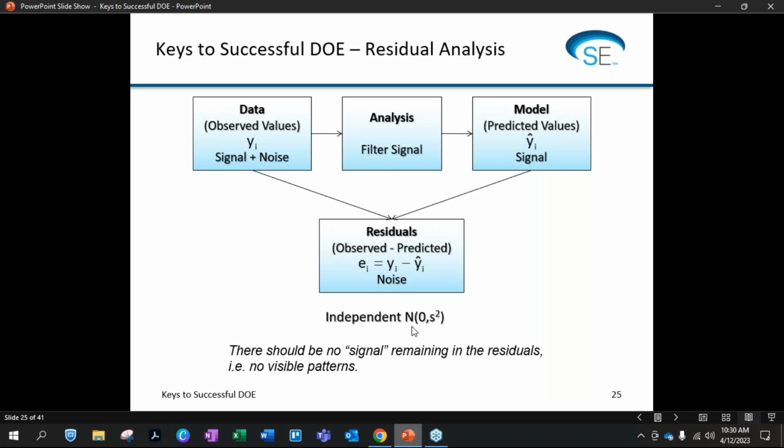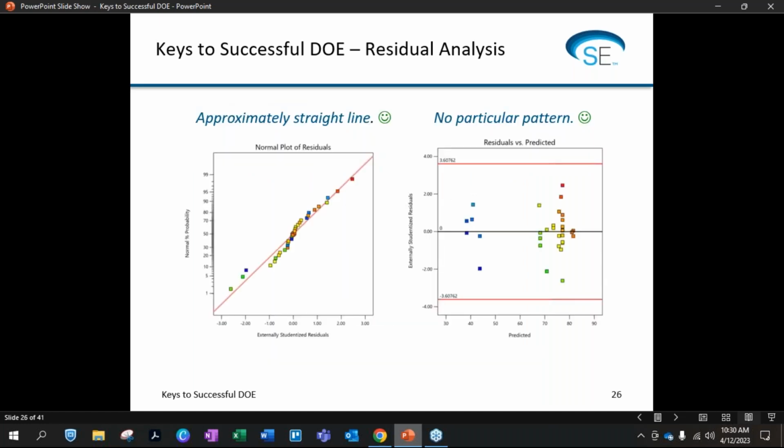So we go through the basic graphs, the normal plot of residuals. You don't want any signal left in it, so they should just be normally distributed, a nice straight line. On the residuals versus predicted plot, again, no particular patterns. It should be just a random scatter up and down from left to right.